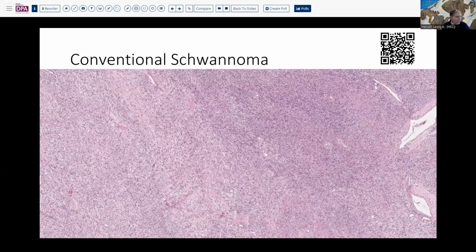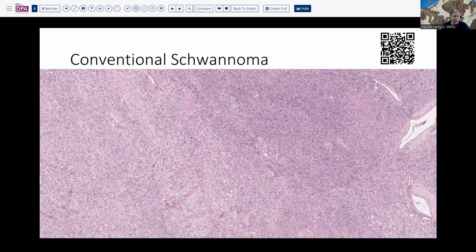So we'll go on to another benign lesion, the conventional schwannoma. This occurs generally in middle age, males and females equally affected, and generally is in the subcutaneous tissues, but has a very wide distribution. There is some association with neurofibromatosis type 2, which we'll mention here in just a moment.